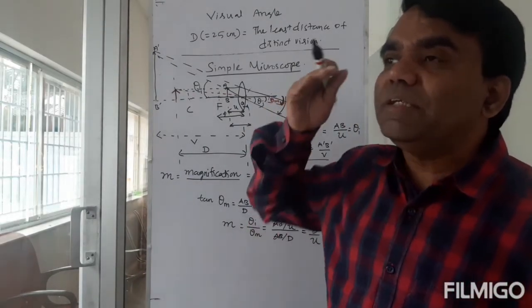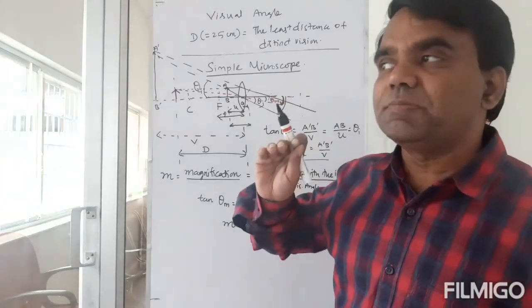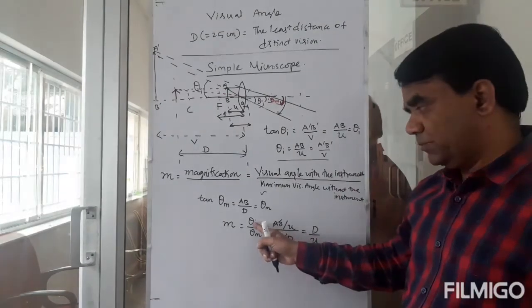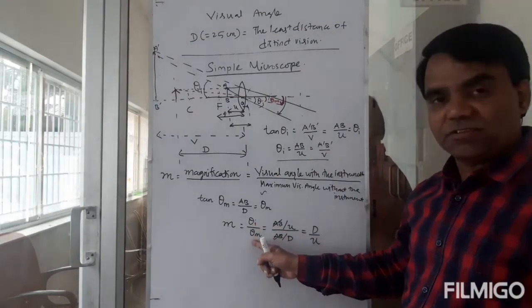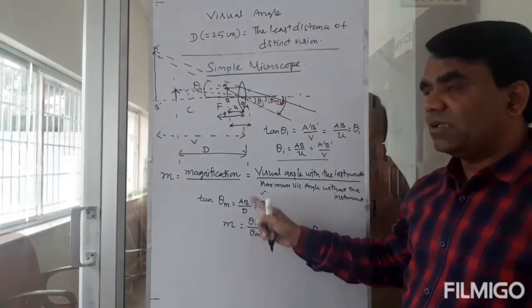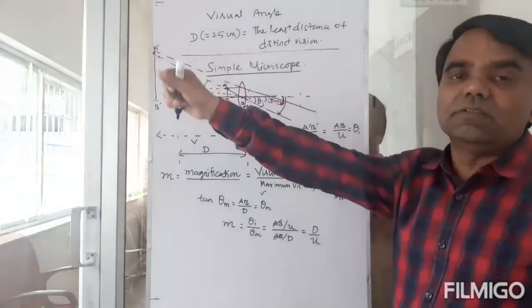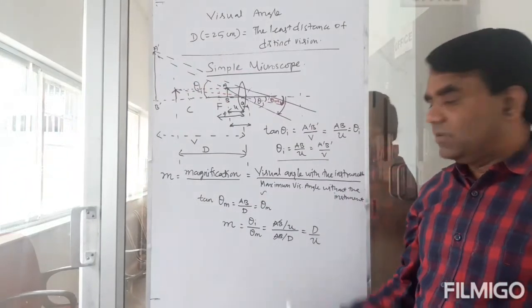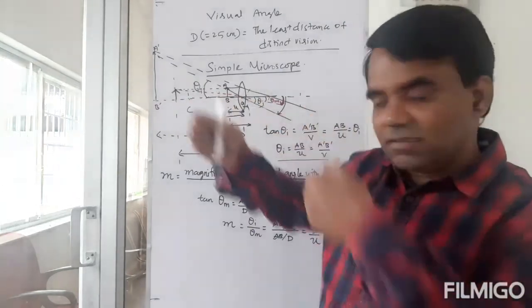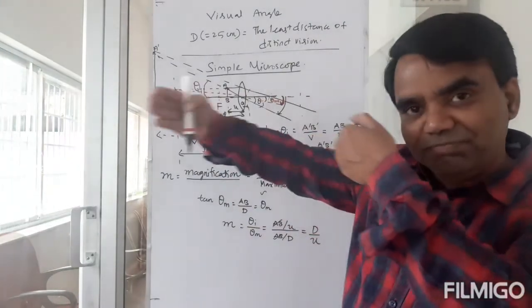So which is my minimum magnification and which is my maximum magnification? D is fixed, can't do anything. So which is my minimum theta and which is my maximum theta? Between these two thetas, my magnification will be varying.